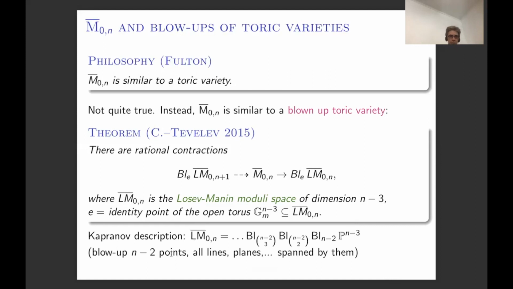You can fix these to be the points where just one coordinate is non-zero, so the torus invariant points of P^(n-3). Then you consider again all lines spanned by the points, all planes, all linear subspaces, and you blow up their proper transforms. So you can see in this way you obtain a toric variety. At every step you blow up a torus invariant stratum.